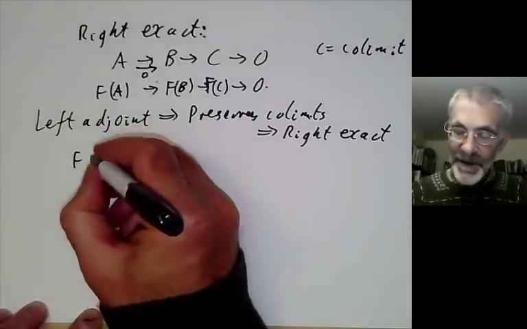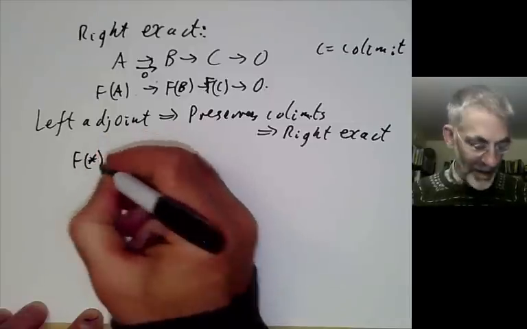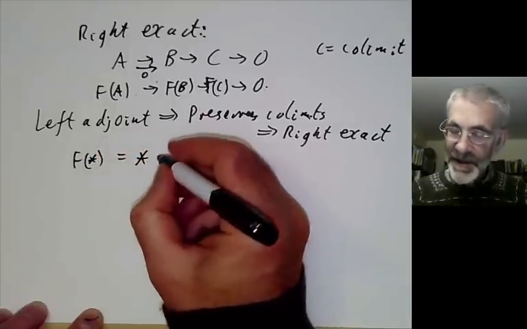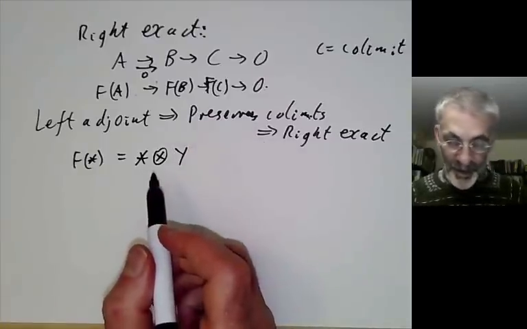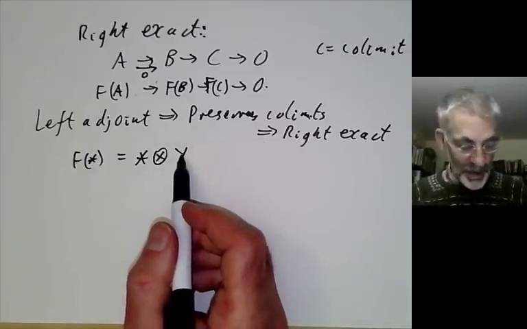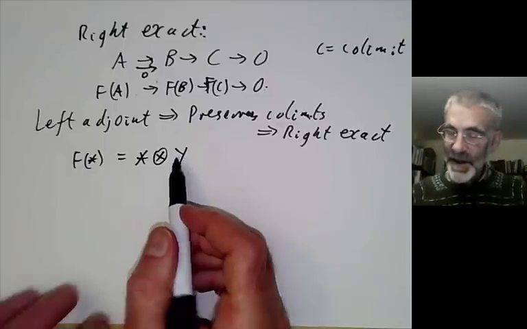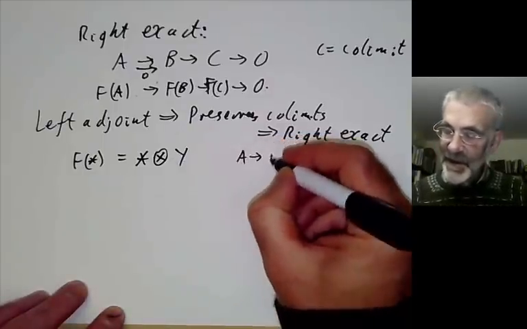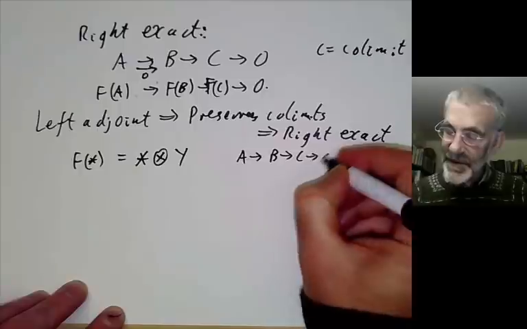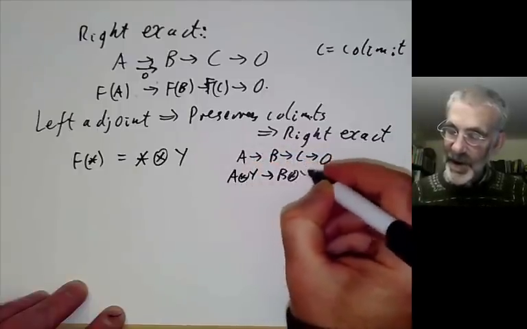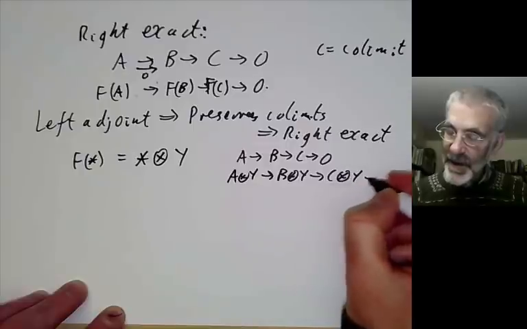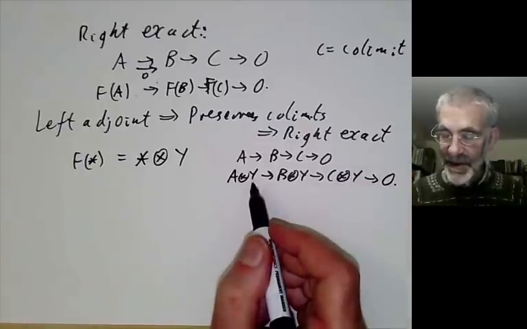Suppose we take the functor where f of some object is just the tensor product of this object with some fixed group Y. What we want to do is to show this is right exact. In other words, if we have an exact sequence A goes to B goes to C goes to 0, then A tensor Y goes to B tensor Y goes to C tensor Y goes to 0 is also exact.